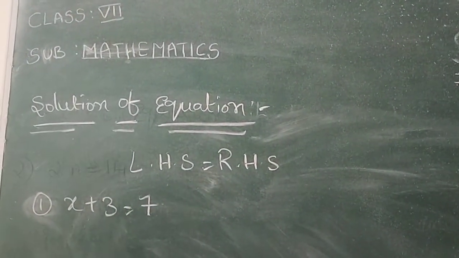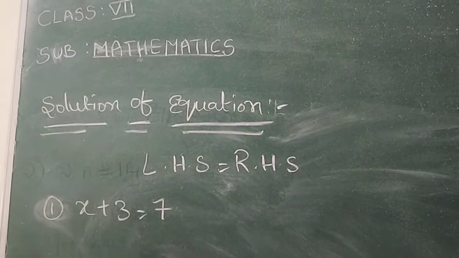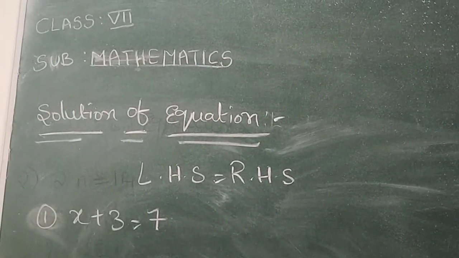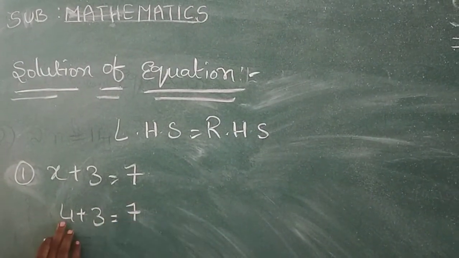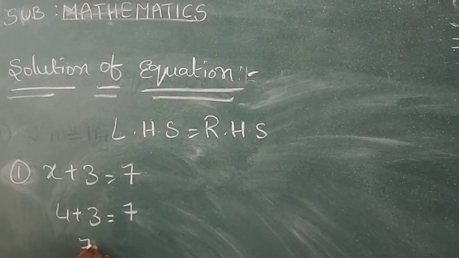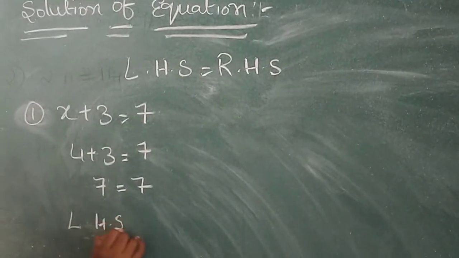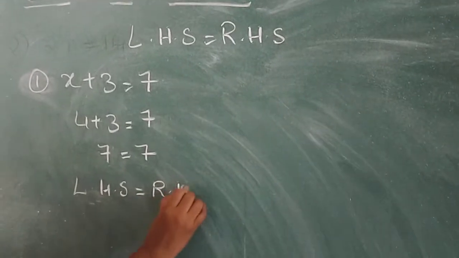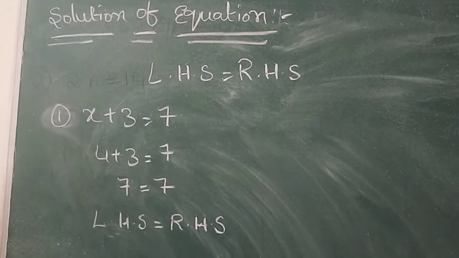We know the value of x is 4. 4 plus 3 is equal to 7. 7 is equal to 7. LHS is equal to RHS.